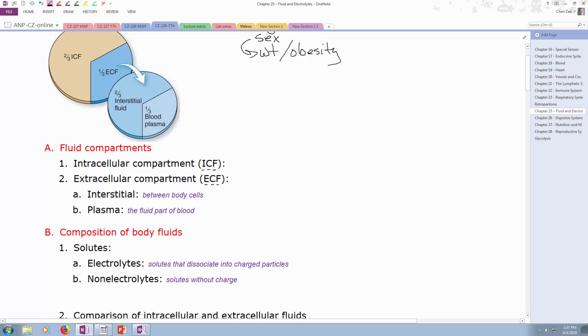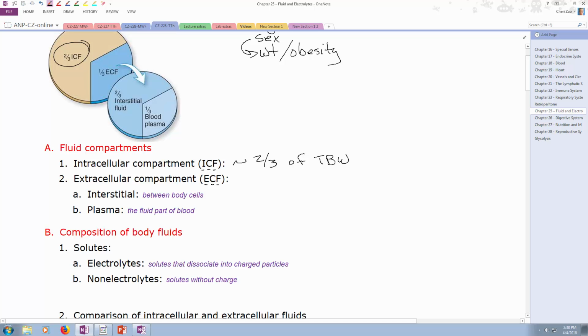And amazingly, we actually have the most of our fluid in the intracellular fluid space. So approximately 2/3 of all of our total body water is inside our cells. Total body water, TBW, excuse me.